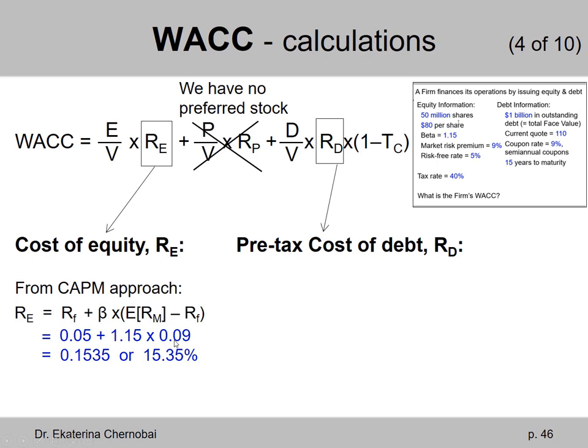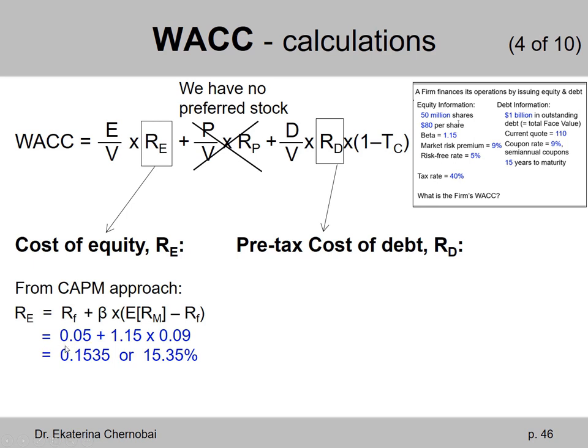And the reason I'm not subtracting the risk-free rate, like the CAPM formula says, is because the market risk premium is already the difference between the expected return on the market portfolio and the risk-free rate. So the 9% that's given to us is the entire term in the parentheses. It's not just ERM, it's ERM minus RF.